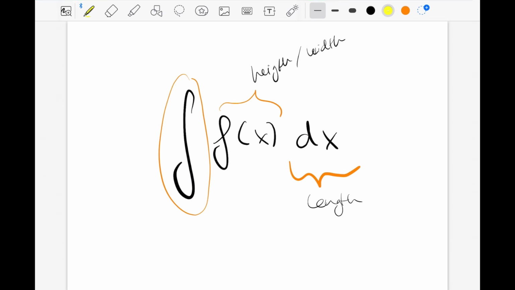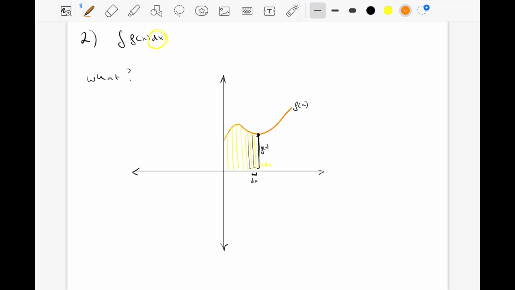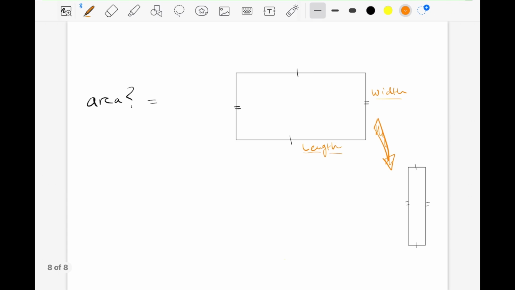So we're adding all of the areas that we have found right here together, as we have seen over here. We're adding all of these areas to get the area for this right here. And once again, what is area? Area is length times width. And in this case, our length right here is dx, and our width is f of x.